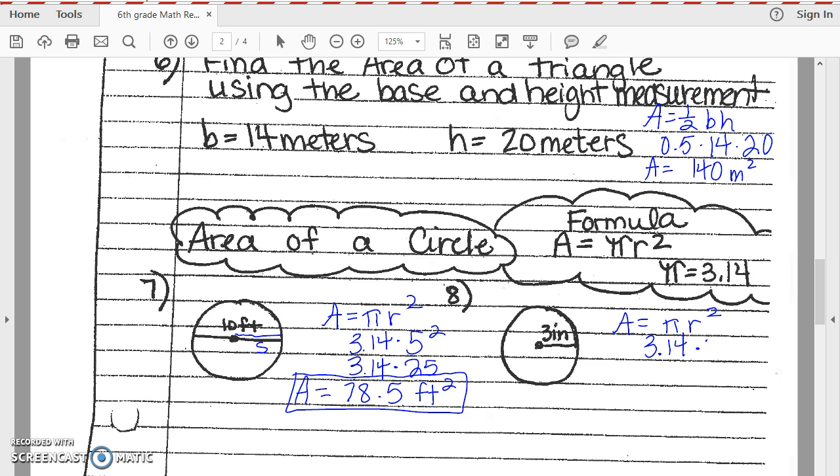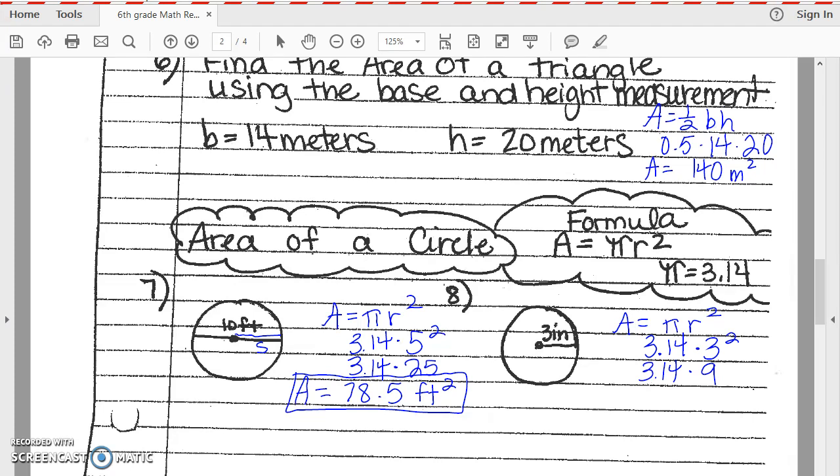In this case, it's 3. And bring down your square. And remember, order of operations, am I going to multiply first or exponents first? Exponents. 3 squared is? 9. And keep that in your head. 3 times 3. And bring down your times 3.14.